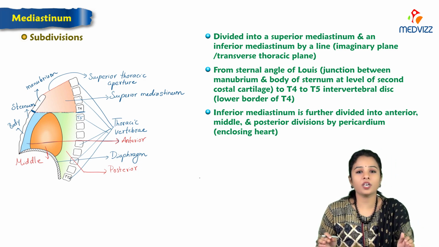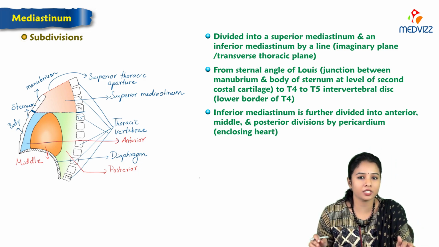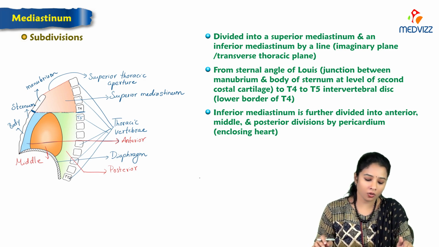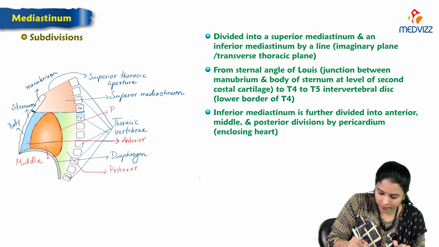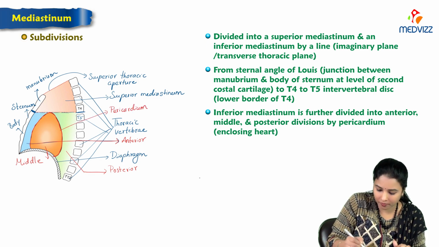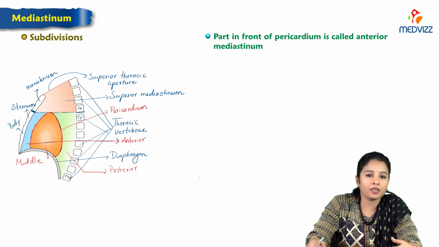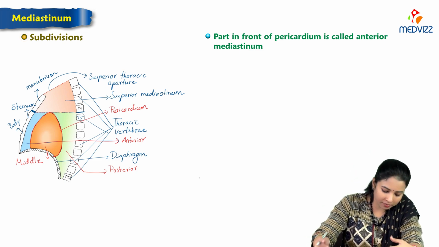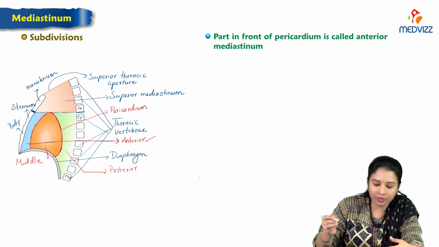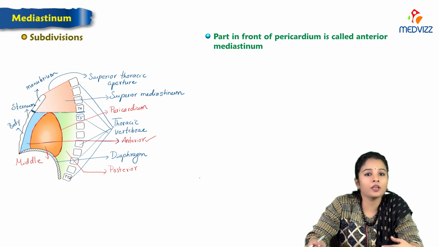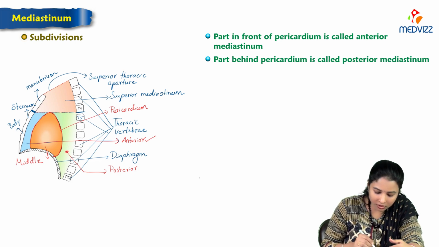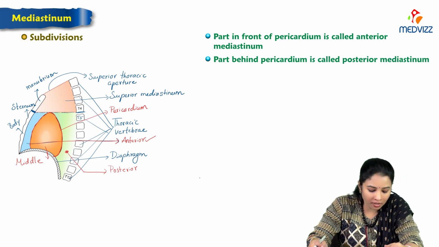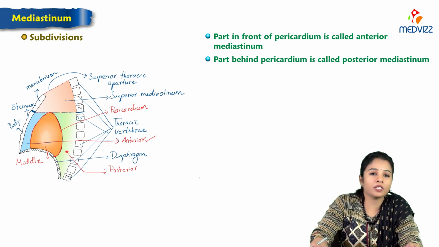We can see the outline of the pericardium enclosing the heart. The part in front of the pericardium is called the anterior mediastinum, and the part behind the pericardium is the posterior mediastinum, the green zone. The part enclosed by the pericardium is called the middle mediastinum.